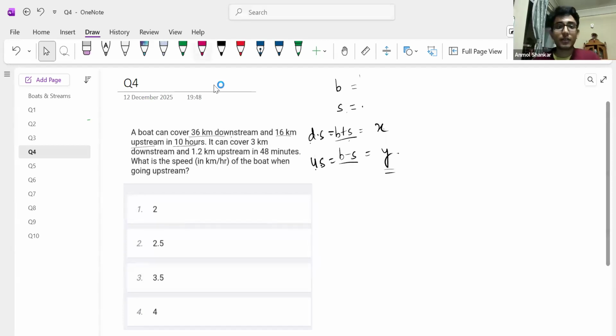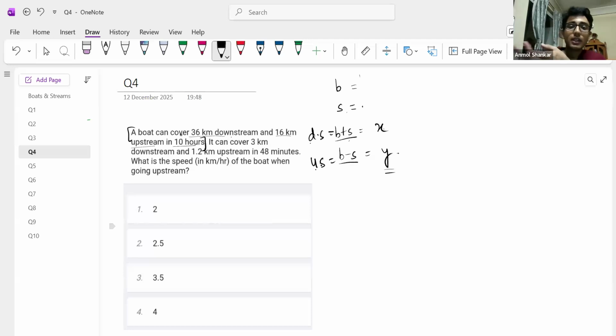Maybe we can look at it from one more point of view. In the model statement, the boat can cover 36 km downstream and 16 km upstream in 10 hours. So there are two situations here: one is 36 km downstream, the other is 16 km upstream.